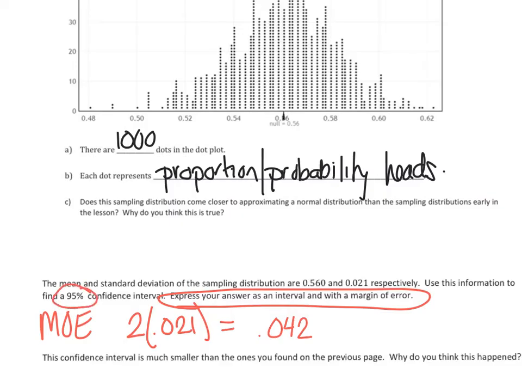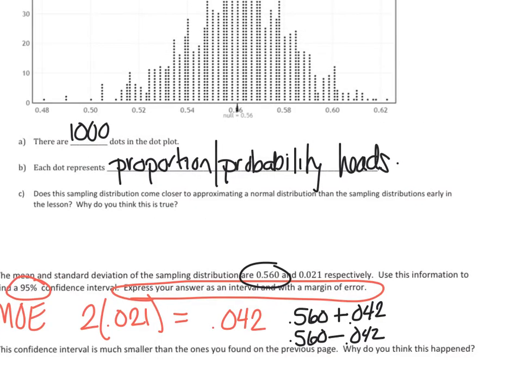So remember, 68, 95, 99, I have to go 2 standard deviations out. So I'm going to say my mean is 0.560, and I have to add the 2 standard deviations, or the margin of error, and I have to subtract it. Let's see, so I'm getting a range of 0.518 to 0.062. Okay, so this represents the 95% of data that I feel comfortable saying we can have.